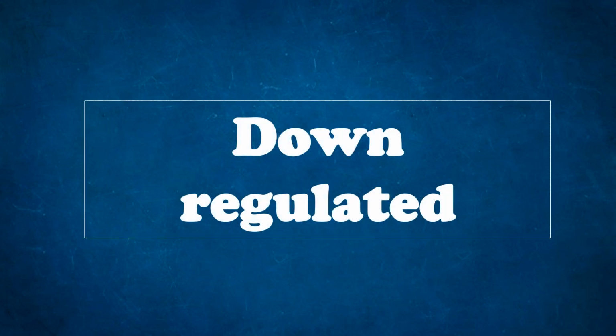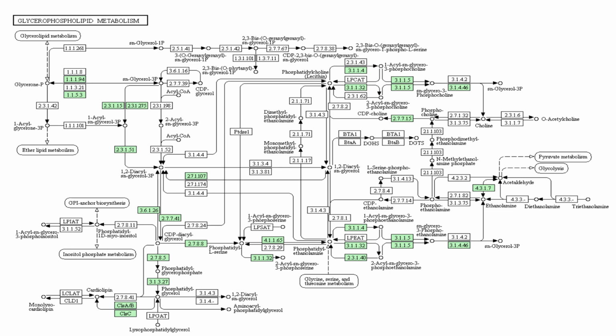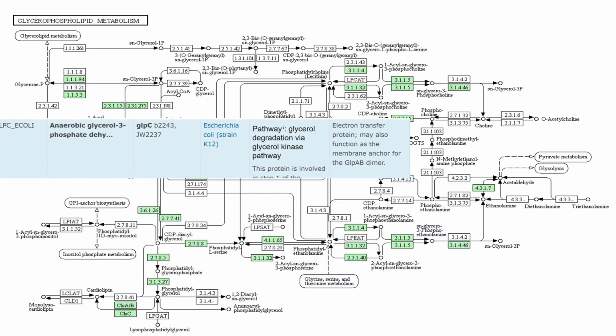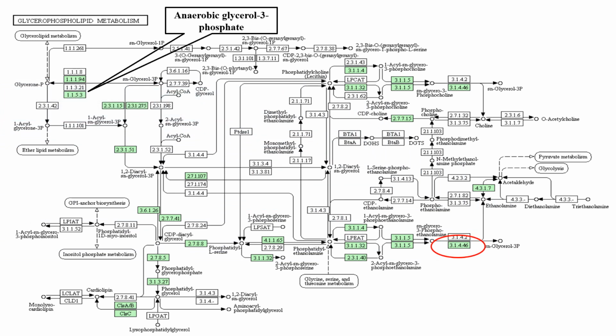So let's talk about the proteins that were downregulated. One protein that I found was being downregulated was GLPC, which is involved in glycerol metabolism, which is another pathway for degradation of glycerol.